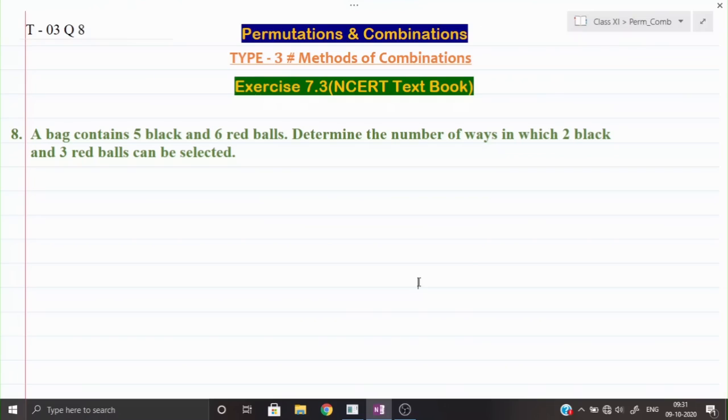First of all, we shall write down the total number of black and red balls.